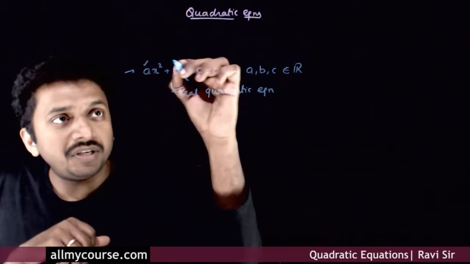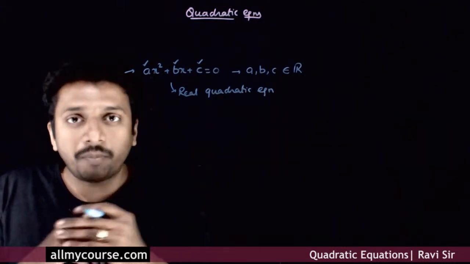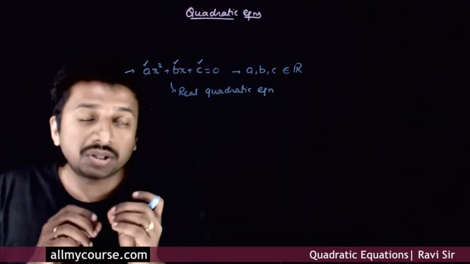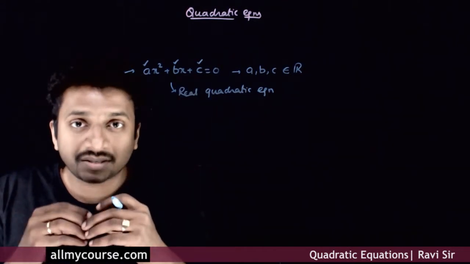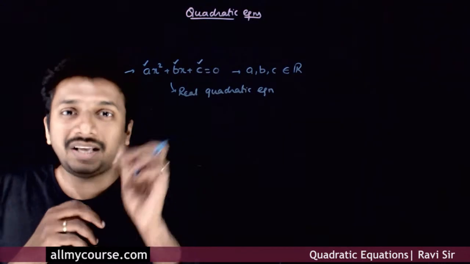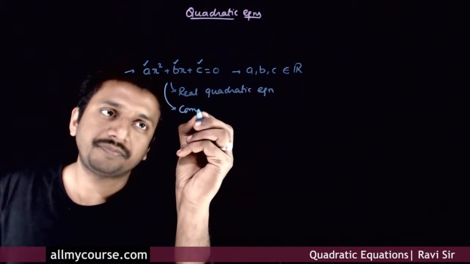Sometimes the coefficients of x², x, and the constant term can also be complex. There is no problem with it. If some of the coefficients are complex, then the quadratic equation is called a complex quadratic equation.